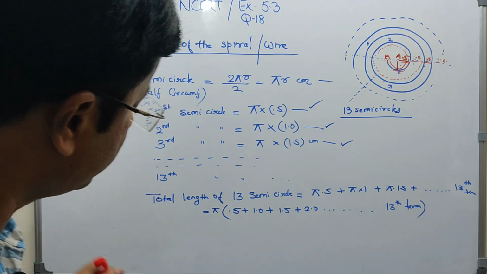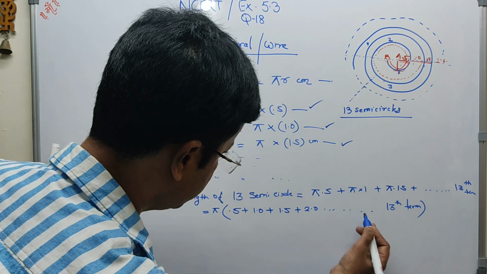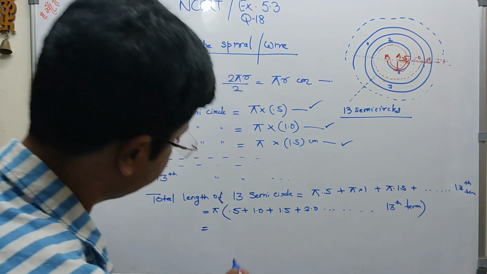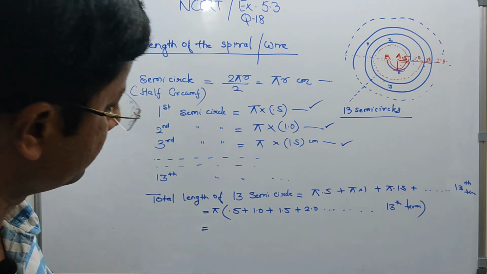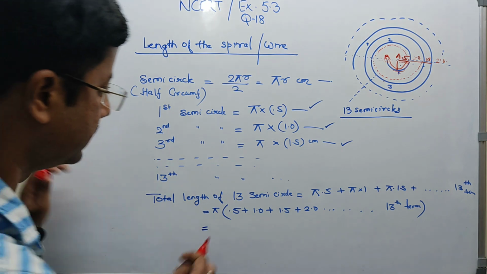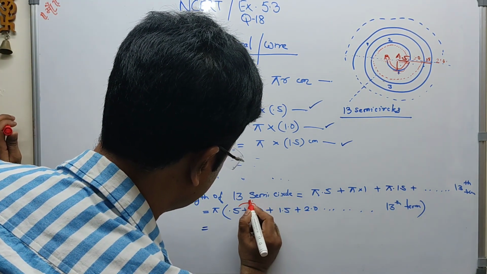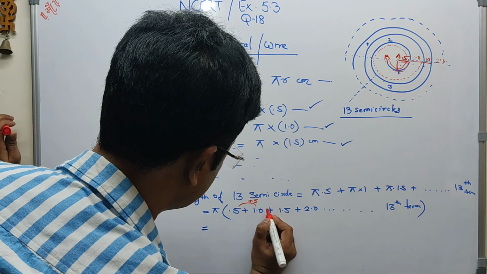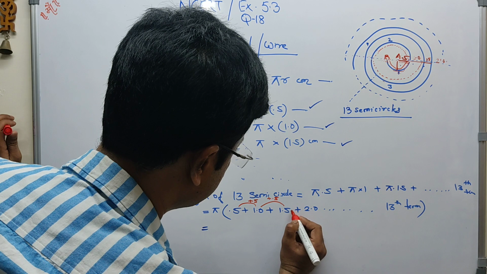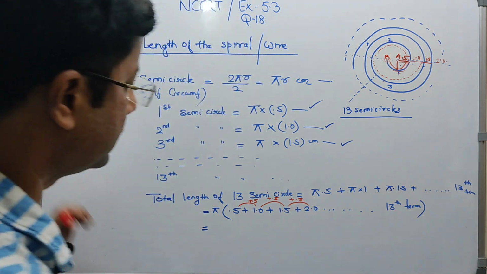If you see this particular series of numbers, it is in AP: 0.5, then again we add 0.5, then again plus 0.5, and so on.